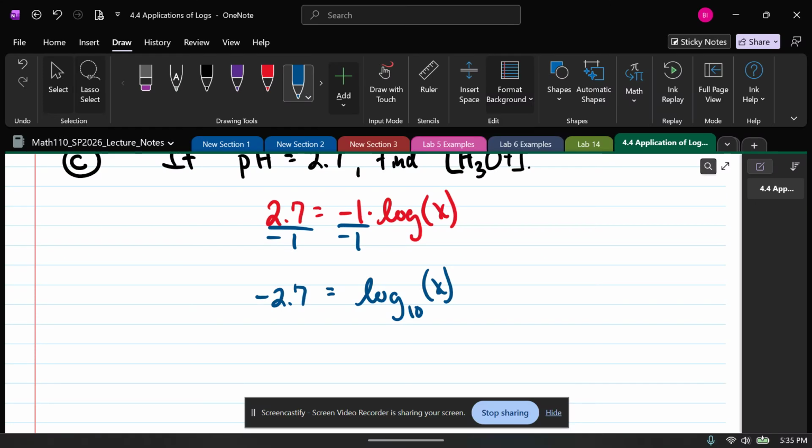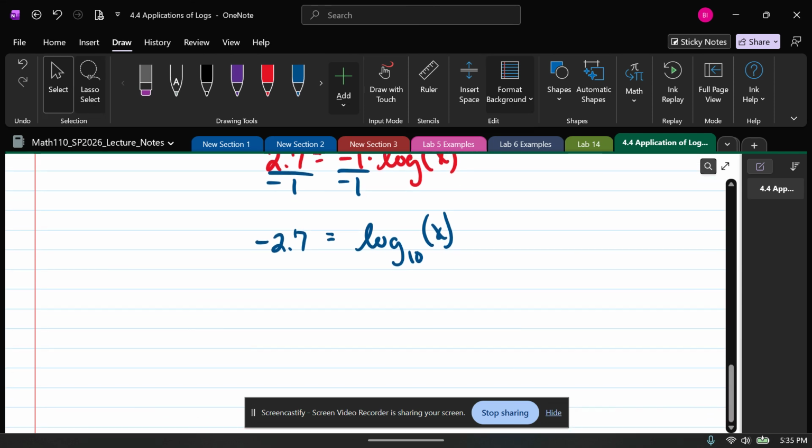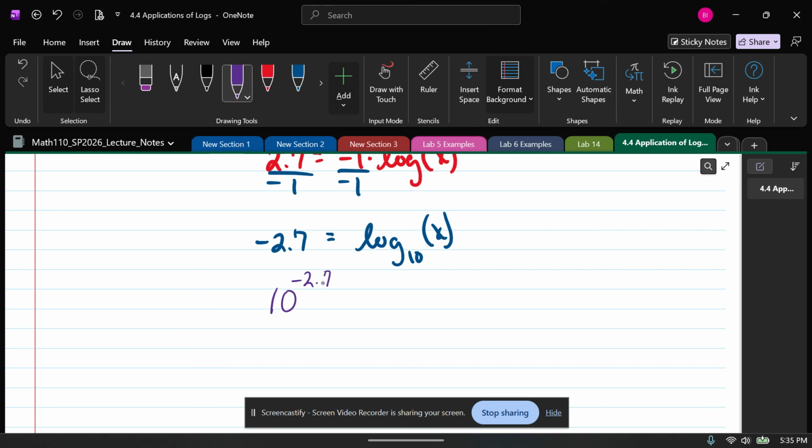All right. Now, how do I undo that? I rewrite it as an exponential. So the base of my exponential is going to be what? 10 to the power of negative 2.7 is equal to X, or my hydronium ion concentration, okay?